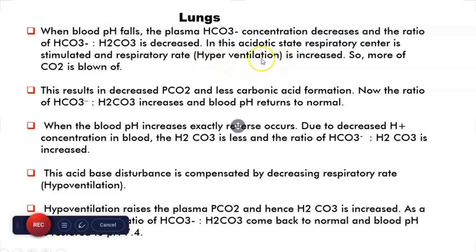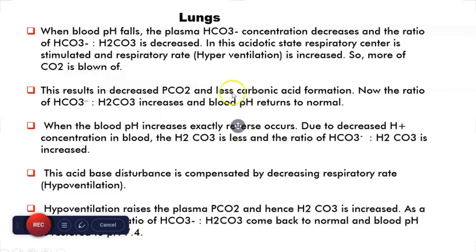And so because of that, there will be hyperventilation. If hyperventilation increases, the breathing will become very fast, and so carbon dioxide is breathed out, blown off out of the system. So when this happens, it decreases the pressure of CO2. You know, this CO2 is the one that formed this weak acid. So now, because carbon dioxide is blown off, there will be less pressure of CO2 in the system.